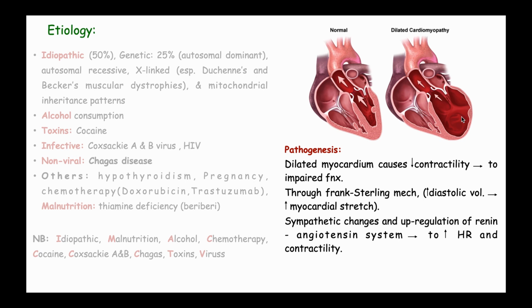Now, since the left ventricle can't empty its contents properly, there is also backflow of the blood into the left atrium. Since there is enough blood inside the left ventricle all the time, anytime the left atrium empties its content into the left ventricle, there is a backflow of the blood back into the left atrium, which also further flows back into the lungs, causing pulmonary congestion.